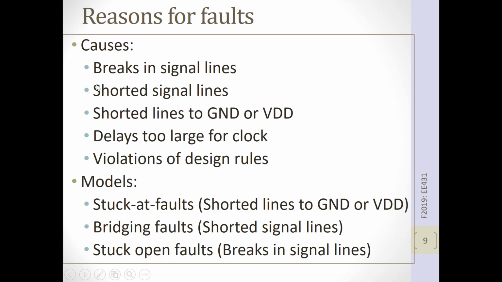And the models that we're going to look at, we're actually only going to look at stuck-at faults. But once you look at how stuck-at faults are found, you can expand it out to bridging faults and stuck-open faults. And stuck-open faults means there's a floating wire because there's a break in the wire.